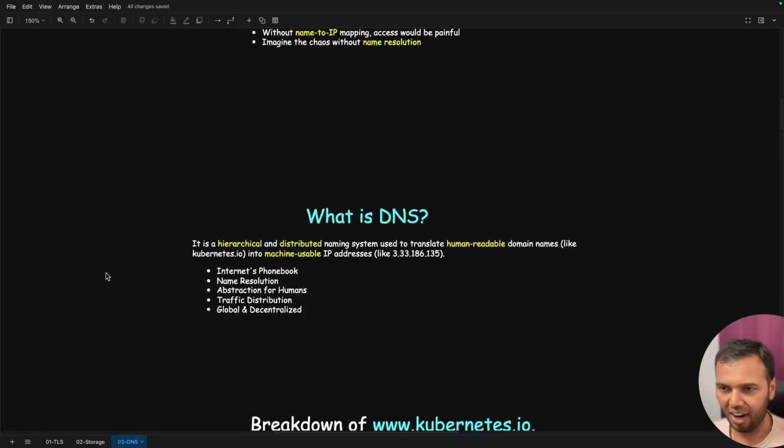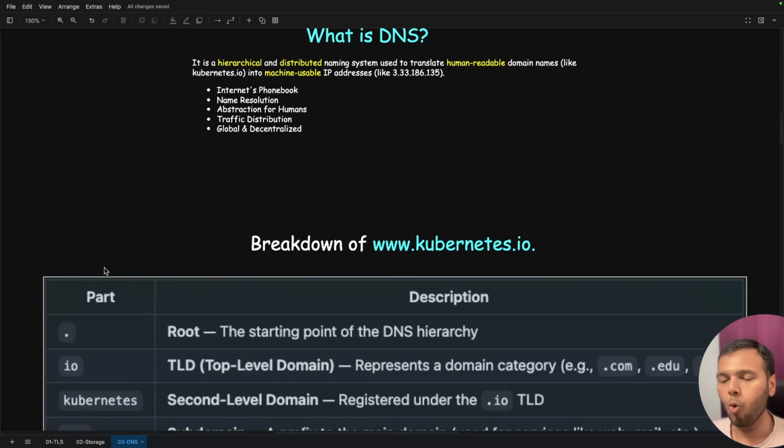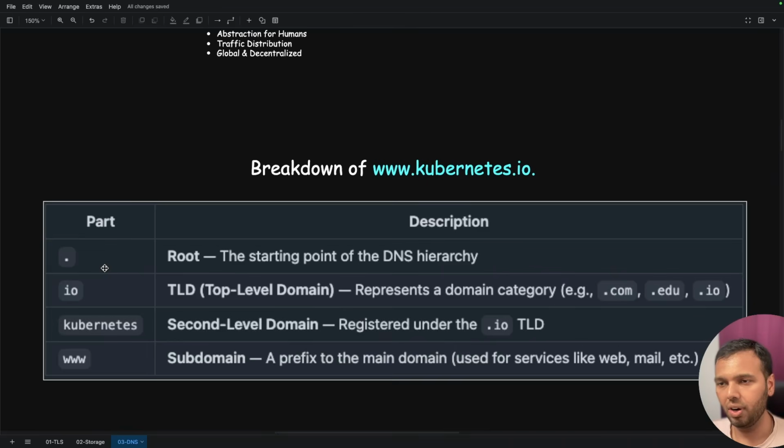Now, with this understanding of the why and what of DNS, let's move on to the next section, which is the breakdown of www.kubernetes.io. Now, in this part of the screen, I have to say www a lot. Hence, I will just call this www. Let's see this name.